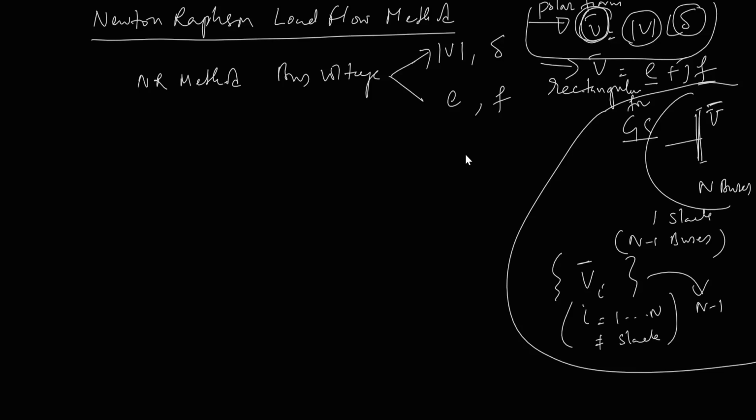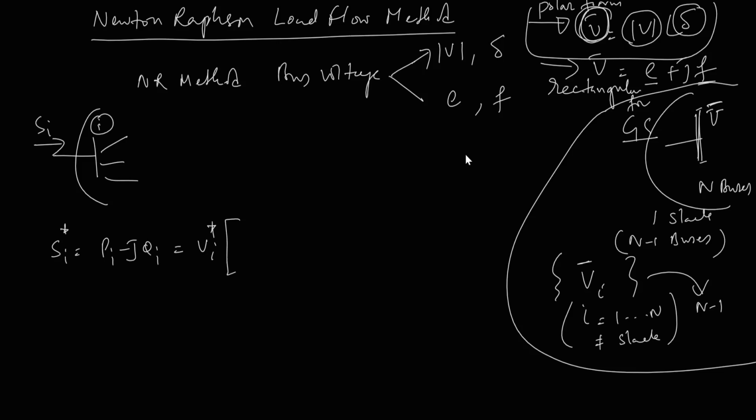Now we have the complex power injected into a bus i, Si conjugate, that is Pi minus jQi, which is equal to Vi conjugate into Ii, where Ii is the summation j equals 1 to n of Yij Vj.